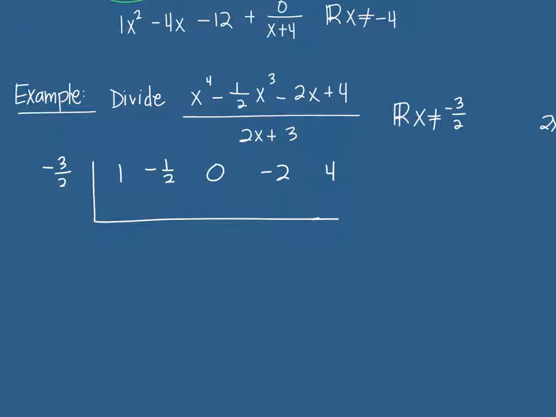So the purpose of me showing you this is not only the 0 placeholder, but also the chance to work with a fraction, and to see that this works with fractions too. I don't want you to be afraid of using fractions. So we're going to drop the 1. We multiply the negative 3/2. That gives me negative 3/2. And when I combine those two together, the fractions combine to make a whole number. Negative 1/2 and negative 3/2 make negative 2.